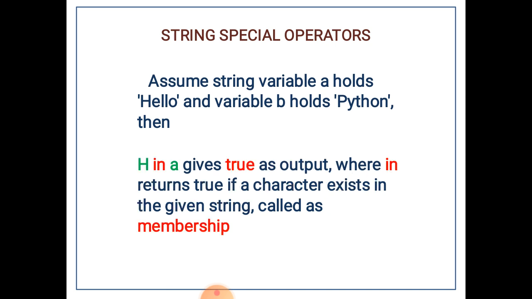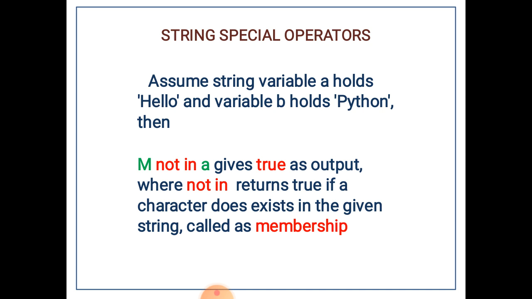The next one we see here is the in operator. If a character is present in that string, then it gives true as the answer, else false, called the membership operator. And here we see the not in operator.